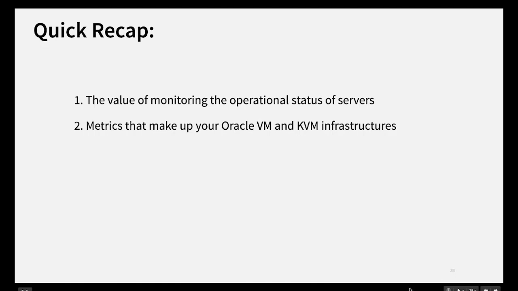Some metrics on the Oracle virtual machine and kernel-based virtual machine front, and the details that we collect there and how each of these metrics are configurable, that is with the help of thresholds and alarms and automated actions.